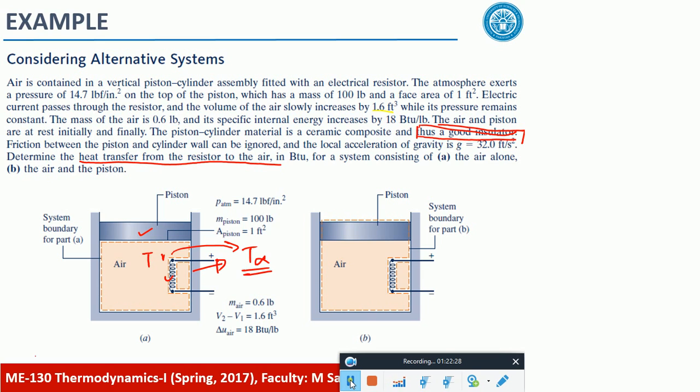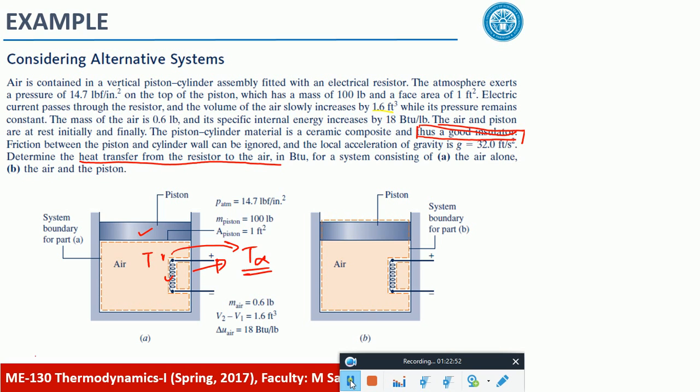And then look at the second part: Q dot is there because of what? That is the interaction of the air with the resistor, right? And then what about W dot? Come on, work interaction.